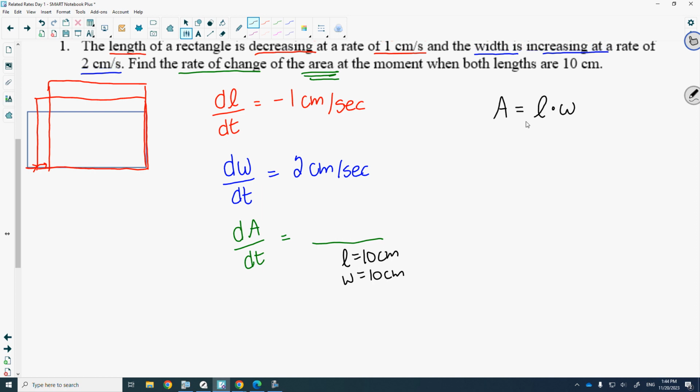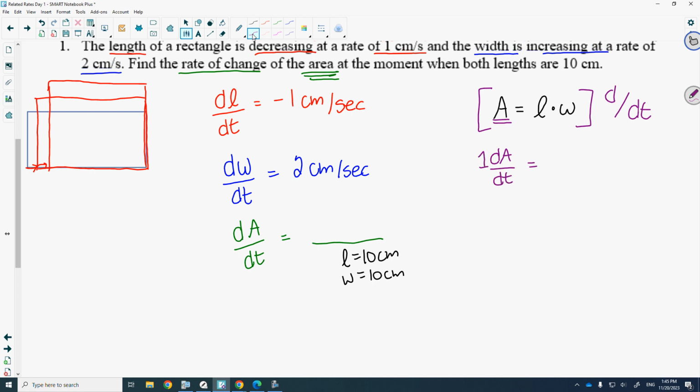Once you have your equation, we're going to differentiate both sides with respect to time. You're going to differentiate both sides implicitly with respect to time. So the derivative of A is 1, and because you just took the derivative of A, we say dA over dt.